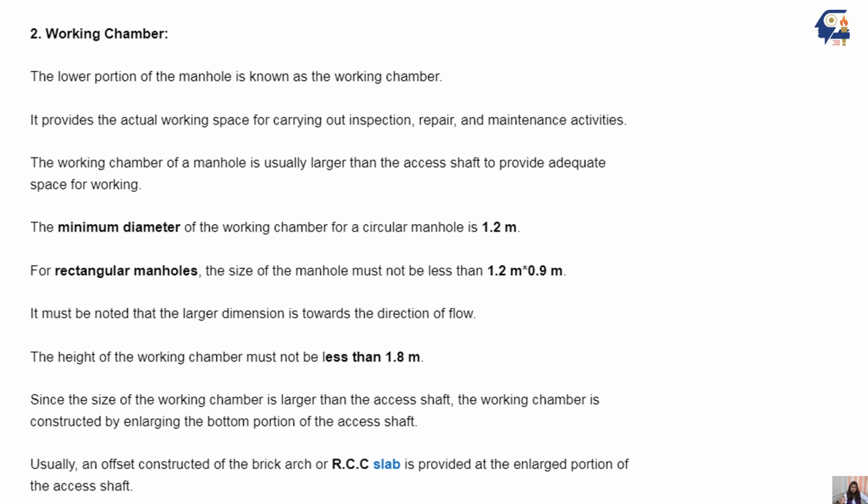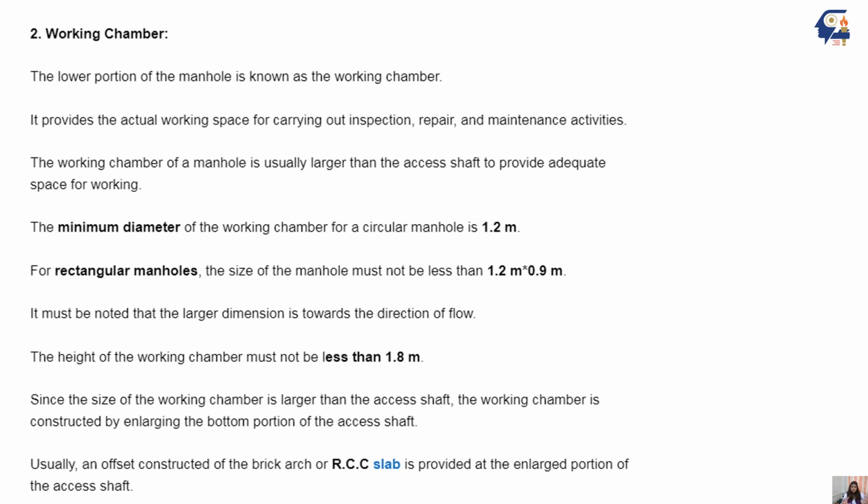For a rectangular manhole, it will be around 1.2 meters by 0.9 meters, so the size should not be less than 1.2 meters by 0.9 meters. Note that the larger dimension is always directed along the direction of flow. Next, the height of the working chamber should not be less than 1.8 meters.